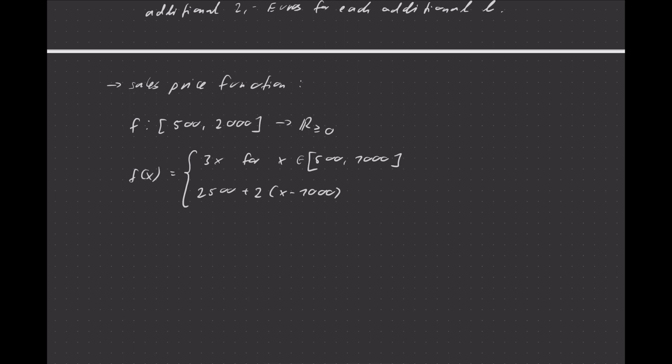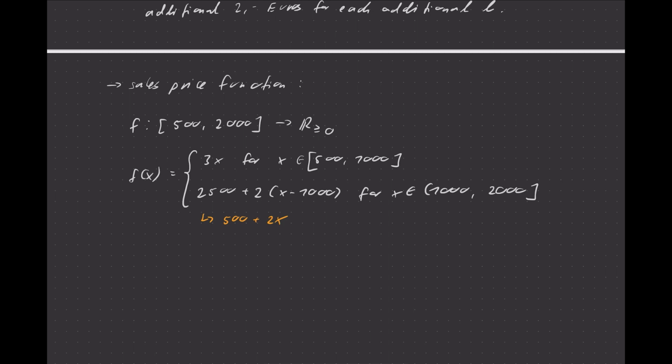That's the liters above 1,000, and each of those costs 2 euros. And we have that for x in 1,000 excluded, up to 2,000 included. So we can of course simplify this a little. This lower part here can be simplified to 500 plus 2x.